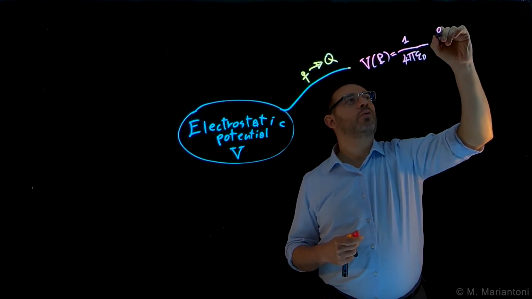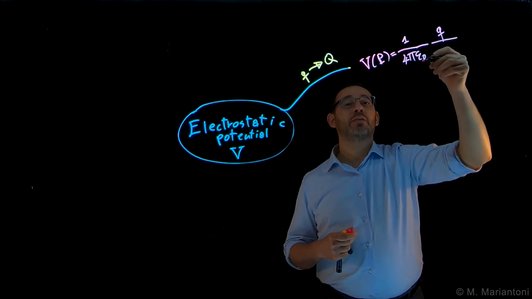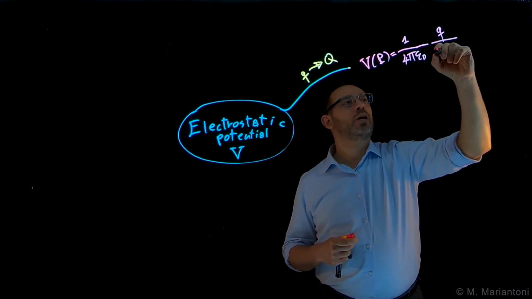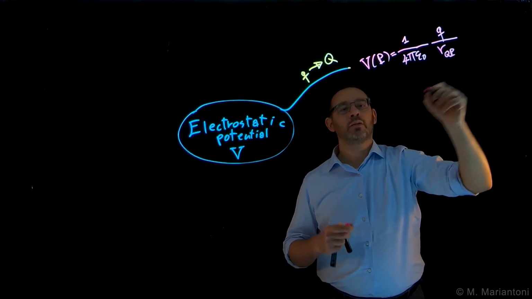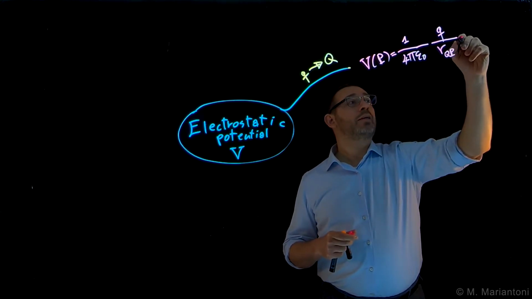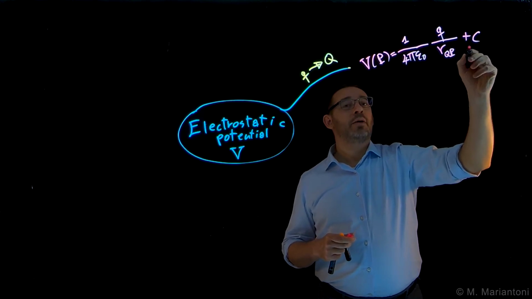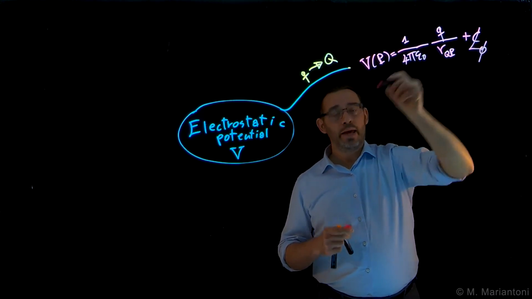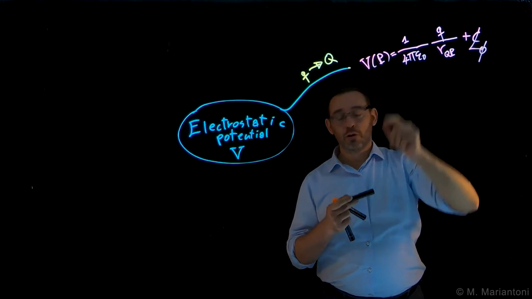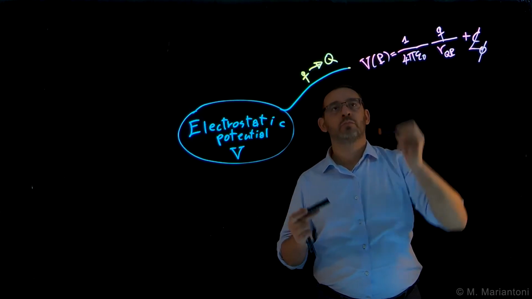And so we simply have Q divided by, instead of the square of the distance, just the distance itself between the source and the observation point. In general, this has to be plus a constant c, but we typically set the zero condition at infinity, and so we obtain a Green function for normal conditions at infinity.